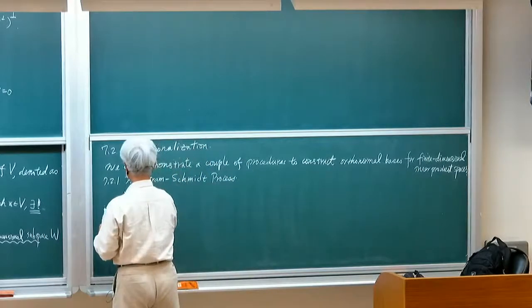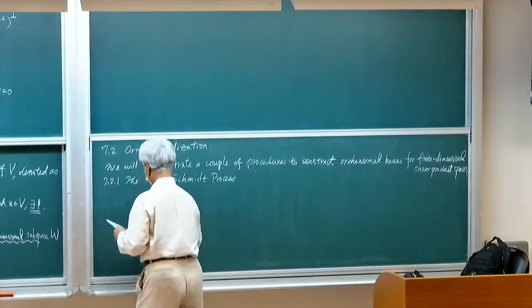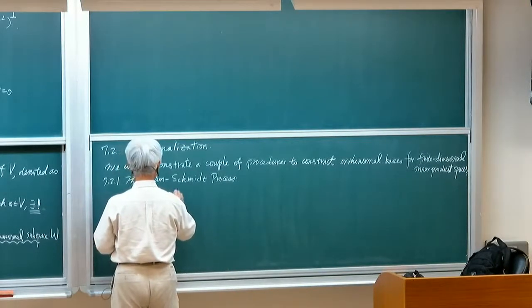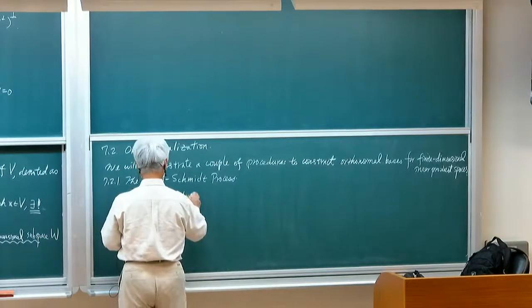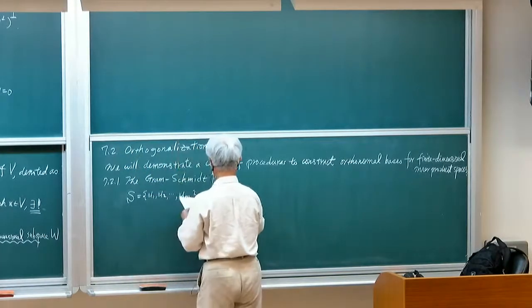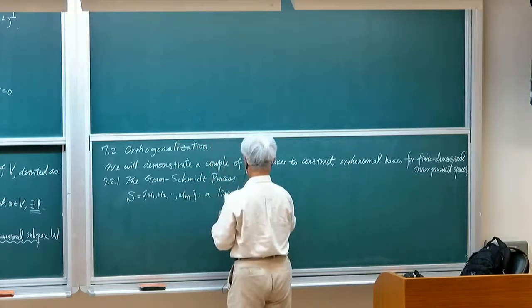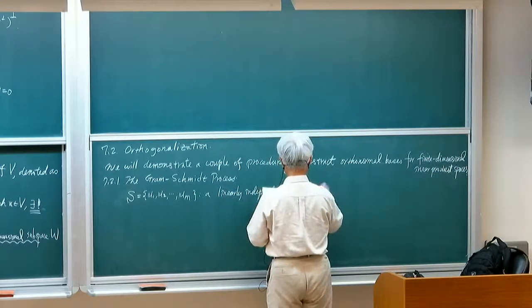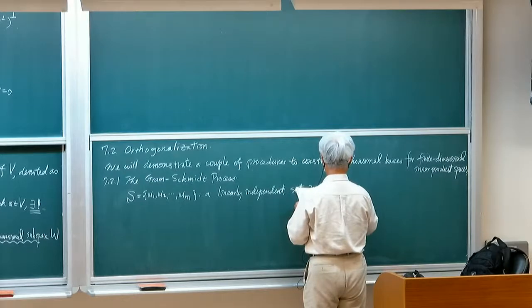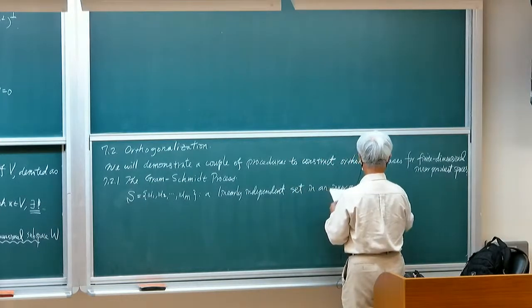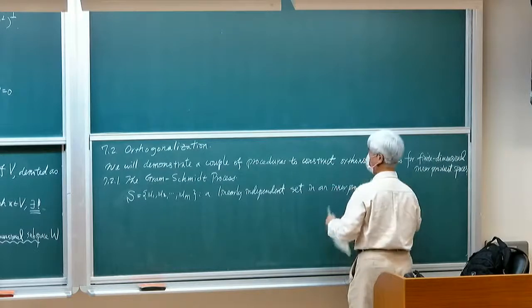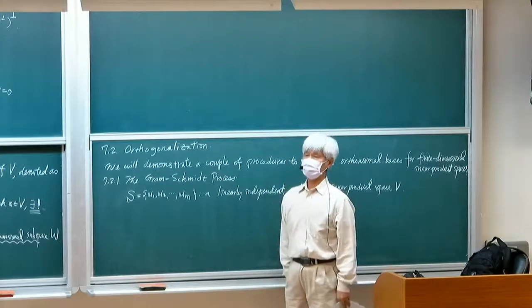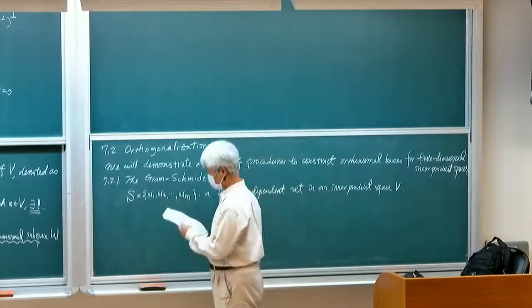Okay, so first of all, suppose we have a linearly independent set S. Okay, so this linearly independent set has m vectors, u1, u2 up to um.